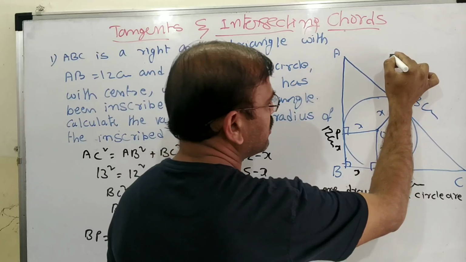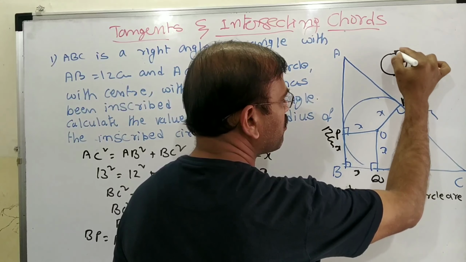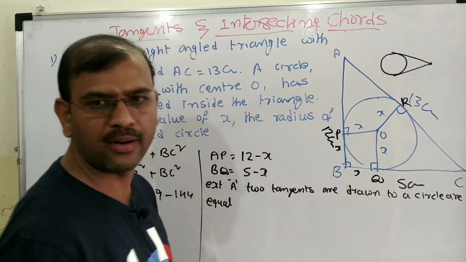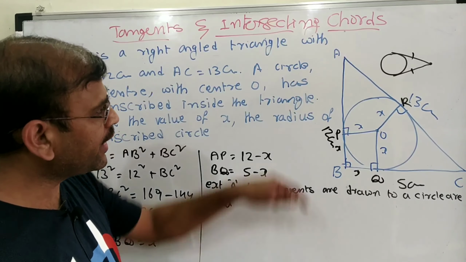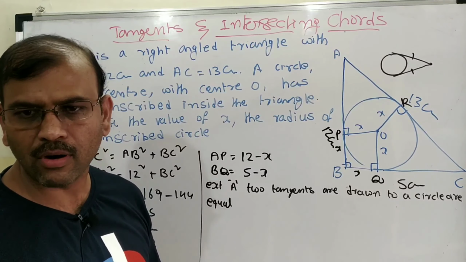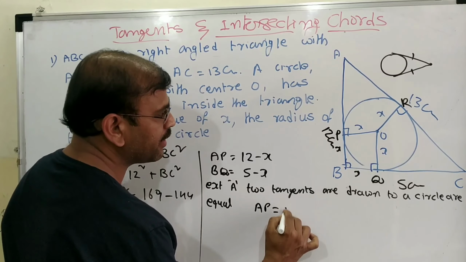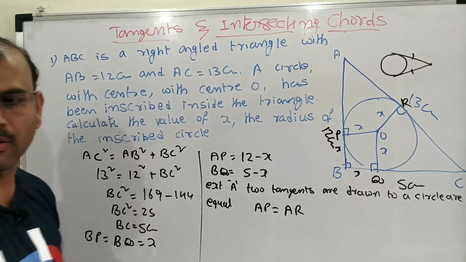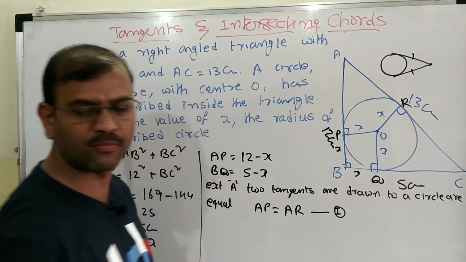Previous question also I have mentioned it. From the exterior point we can draw two tangents to the circle, and the lengths of the tangents are equal. So according to this, AP and AR will be equal. So AP equal to AR. This I am going to consider as 1.